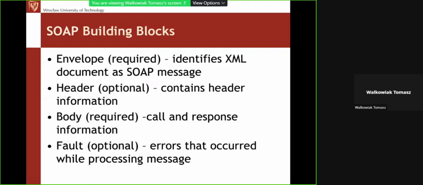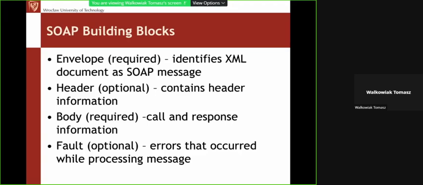The construction of SOAP consists of the envelope, header, body, and fault. More or less like HTML, where we have the HTML tag, header, and body. It's obvious that we need such elements: a container and some extra information.